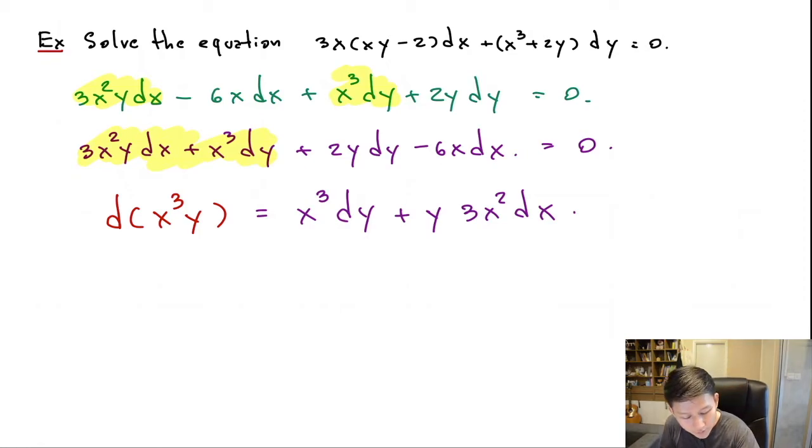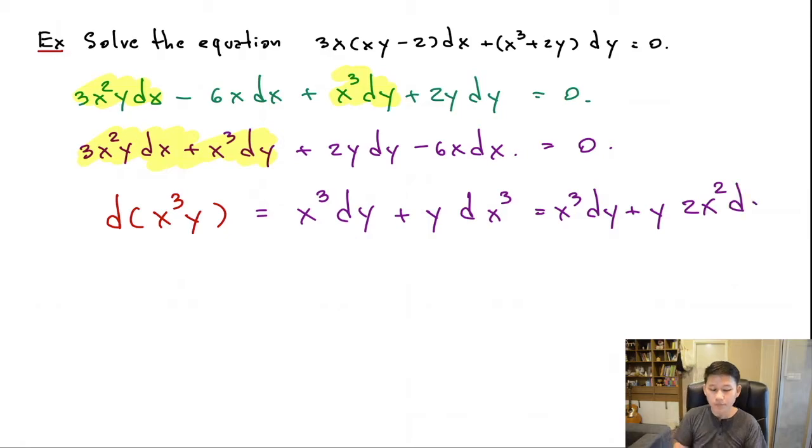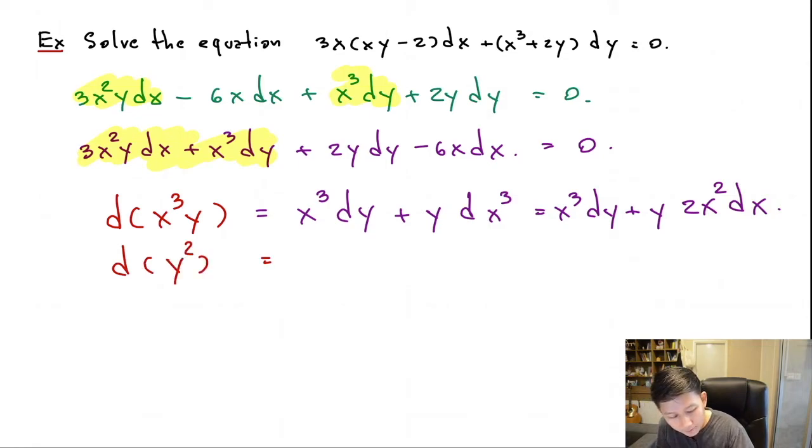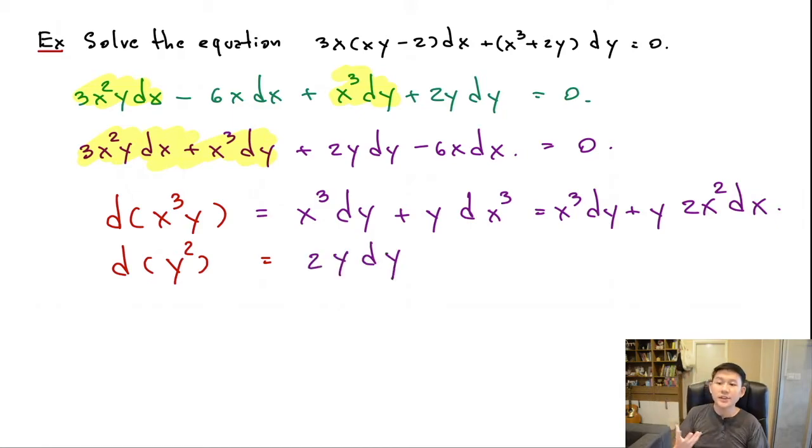Or if I go even slower, it will be y d of x cubed, which is 3x squared dx, plus x cubed dy. Right? And d of y squared is actually 2y dy. So these are formulas from when you studied differentials in calculus.